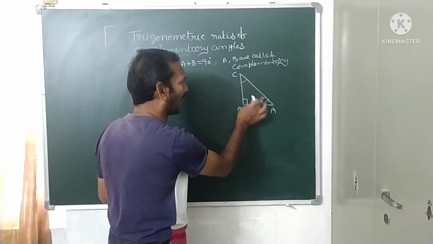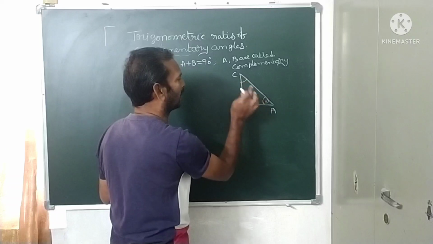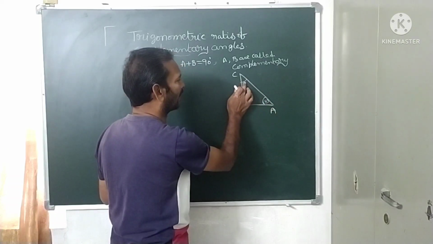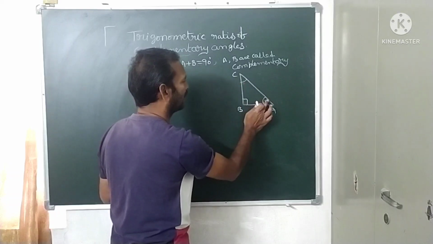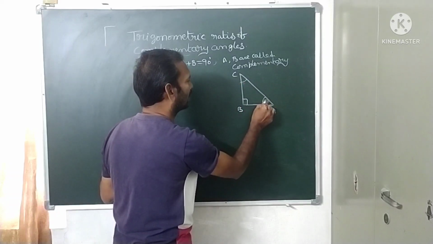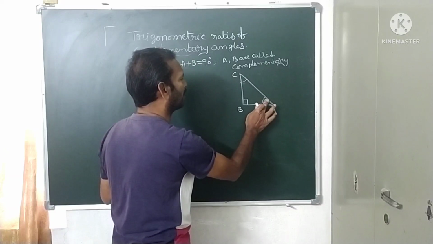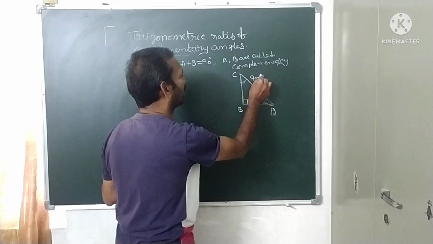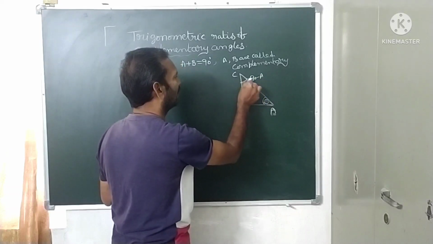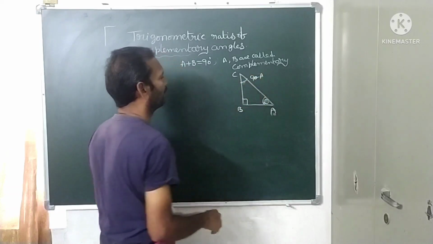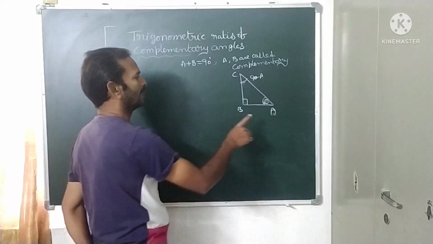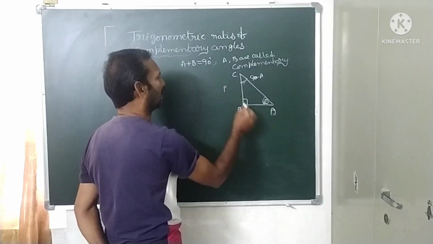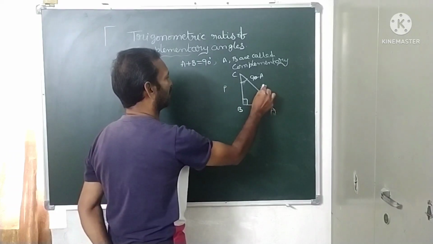So this and this add to 90. So this is 10, this is 80; this is 20, 70; 30, 60. So this angle I am taking as theta, or simply take A. This is A. Then this angle is 90 minus A. Now, in terms of A, from here you observe this is perpendicular, base, hypotenuse.